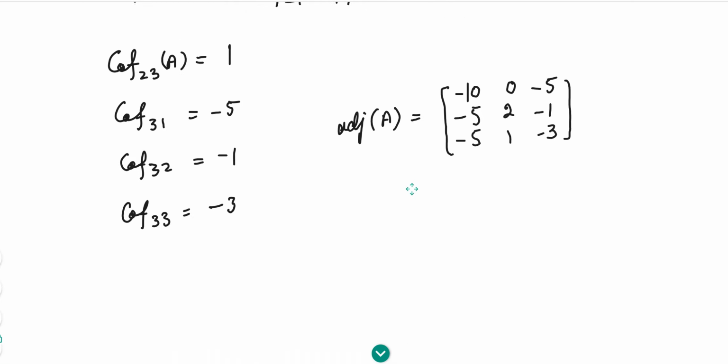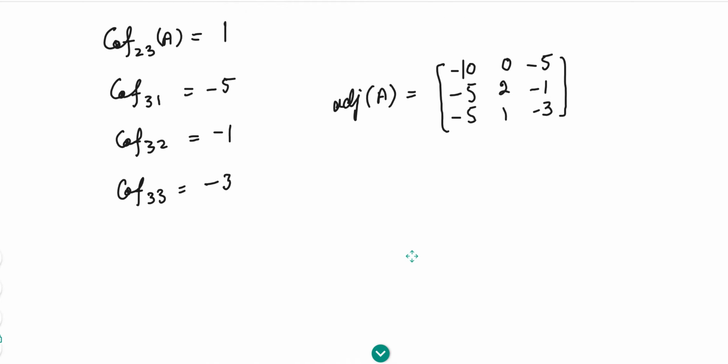Now we have our value of adjoint and the determinant. We can find A inverse very easily.